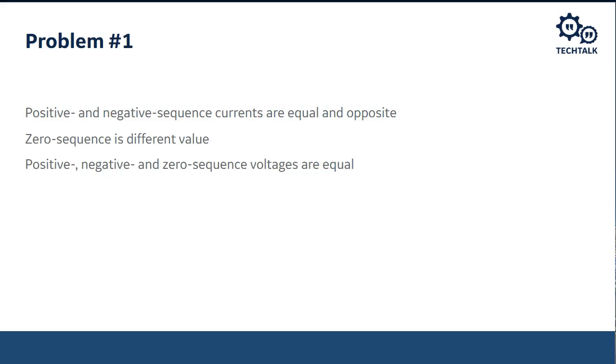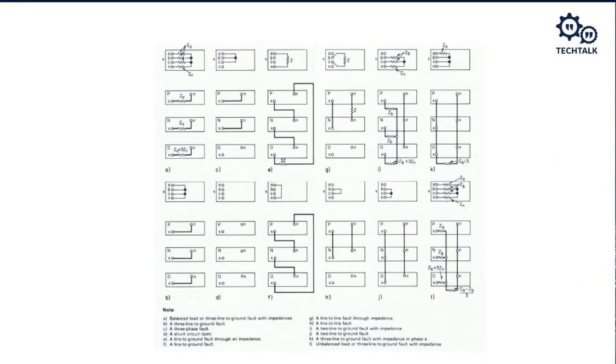Now, here is a list of different fault types, right? What type of fault? Now, the way you read this is at the very top is how the phases are connected.